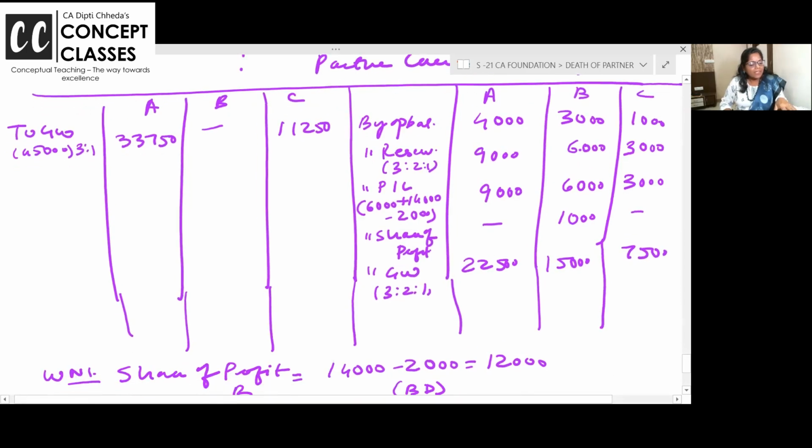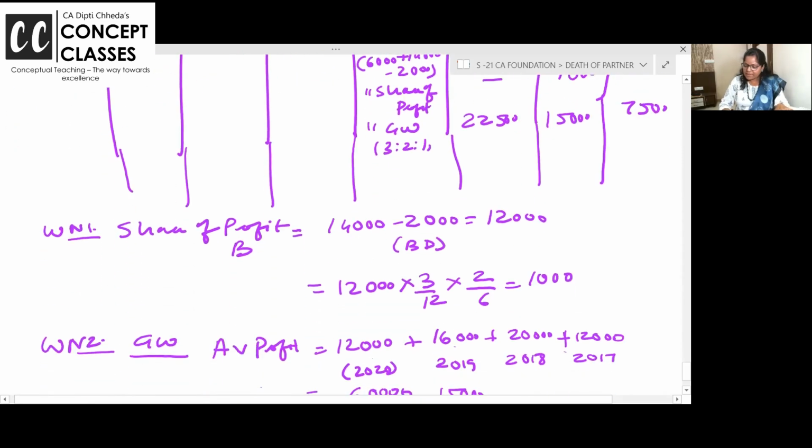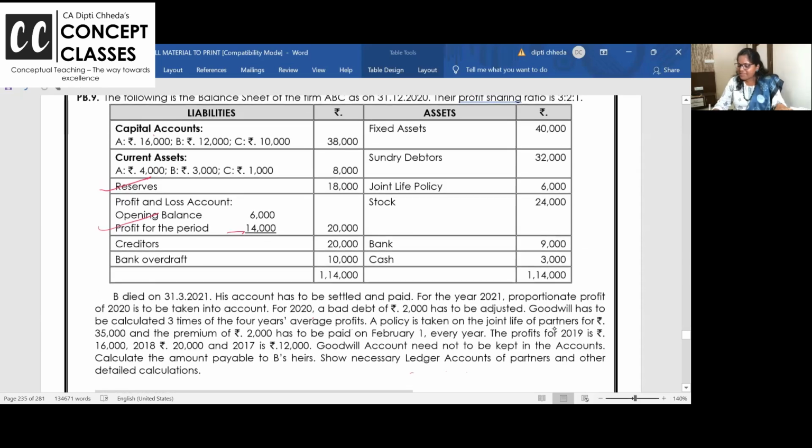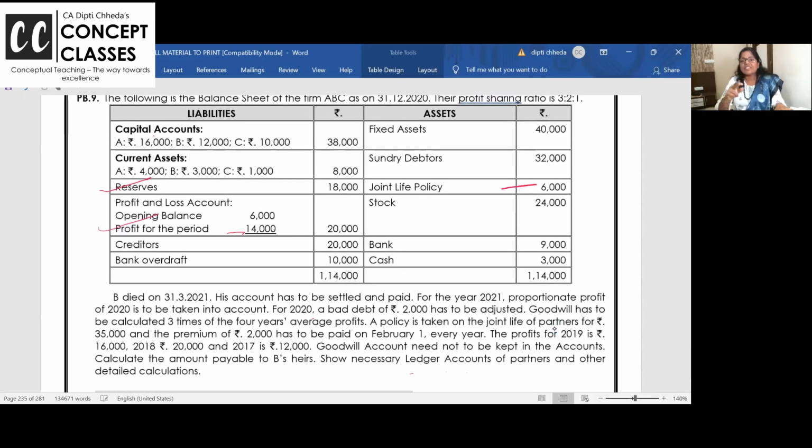Now one more last adjustment is there, for joint life policy. Yes, I want all of you to read with me. There's something new. Joint life policy is appearing in the balance sheet, so this is which method? The third, I told you. Joint life treated as expense, now income. Treated as drawings, take it in the capital.